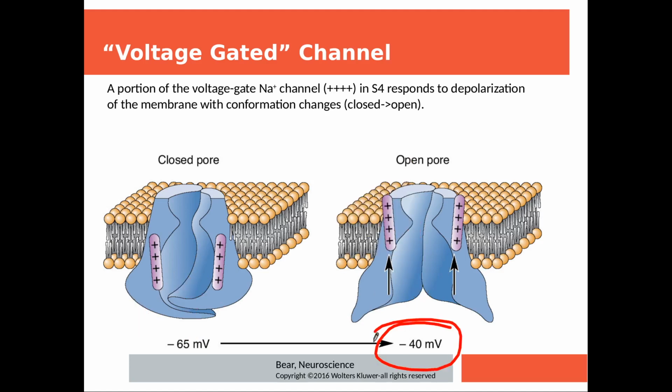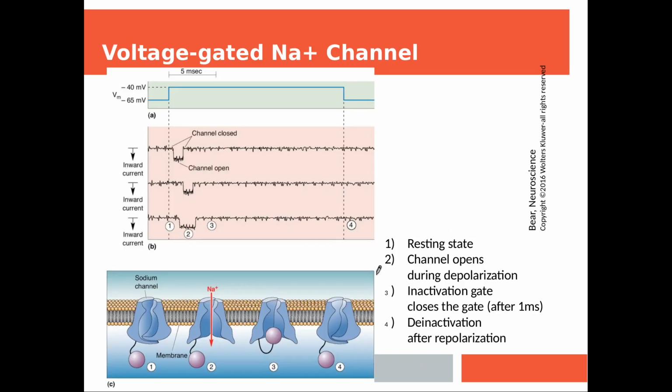That happens at about negative 40 millivolts inside the cell. And so here's an overview, where you can see the current change when individual sodium channels are opening and closing.